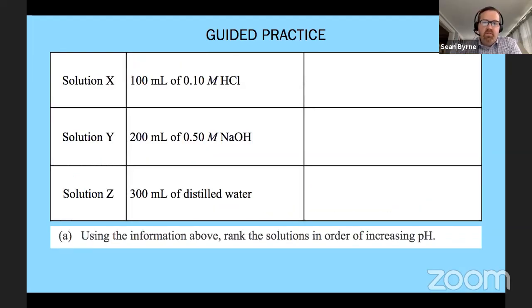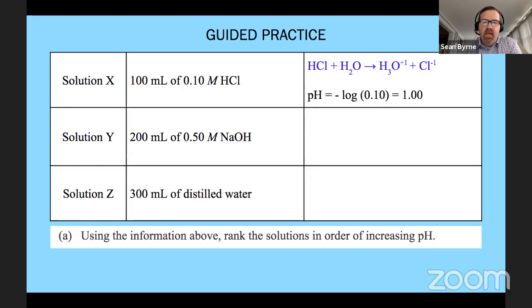So I would set up some sort of a table that looks like this. And I would want to make sure that I analyze each solution independently before I try to compare them. So for solution X, hydrochloric acid, we have hydrochloric acid as a strong acid. Ding, ding, ding. We remember that from earlier, it is reacting with water to make our hydroniums and our chlorides. Underneath the picture, you should see chloride, Cl minus.